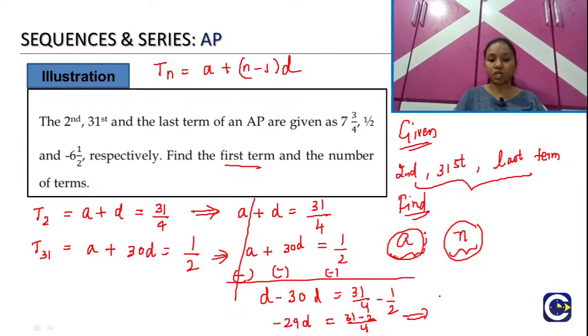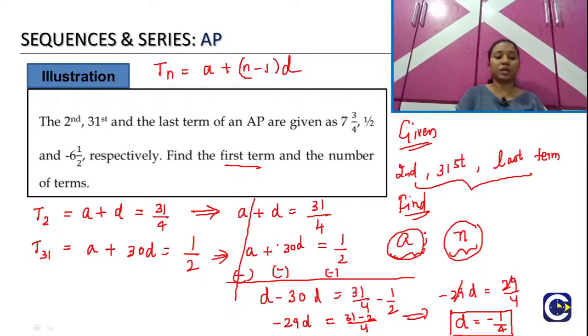Right, so now it will be equal to minus 29D is equal to 29 by 4. So this will get cancelled and D here will be equal to minus 1 by 4. So now by using these two equations in terms of A and D, we have determined the common difference D, which is equal to minus 1 by 4.